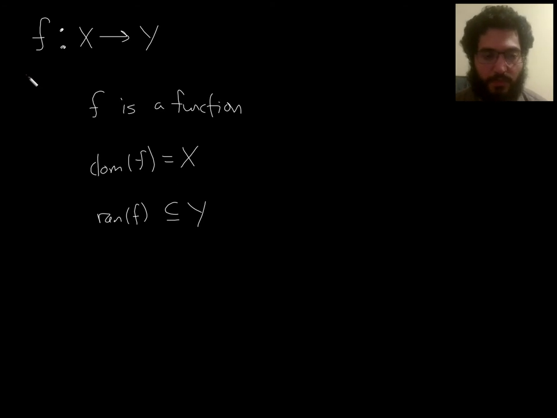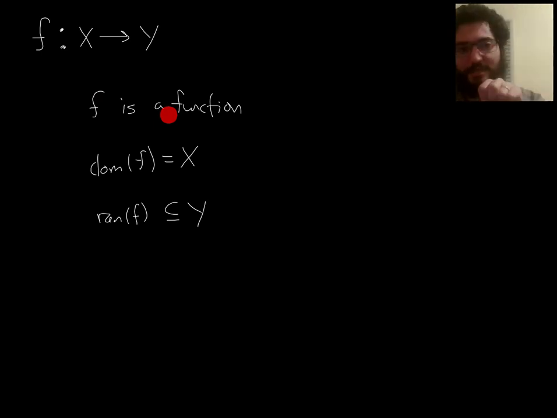So usually the way I think about these three aspects of f maps x to y is I think of f is a function as telling me that f maps inputs to outputs. So f is a set of pairs, but not just any set of pairs. It's a set of pairs that I can think of as associating inputs to outputs, so that I can evaluate f at inputs and look at f of x for some little x that is a possible input.